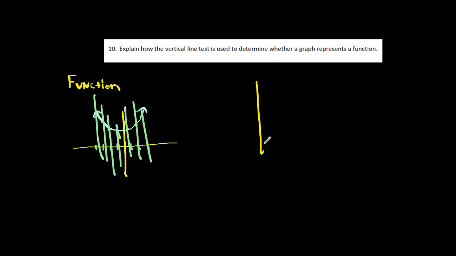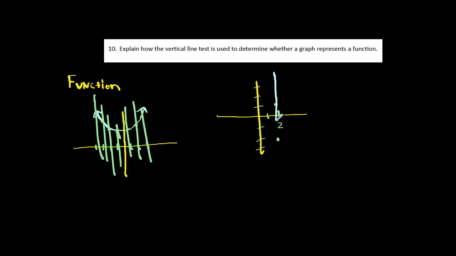What happens if you have more than one output? For example, let's say in the equation, if you plug in 2, you get 1 and -2 out of it. That input of 2 gives you 2 outputs. You no longer have a function. So try to draw a vertical line at 2.